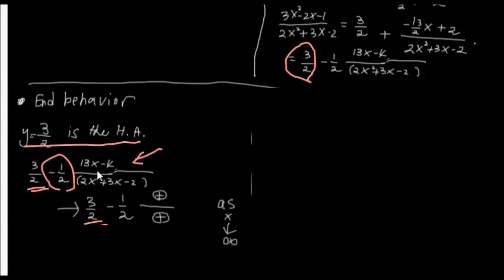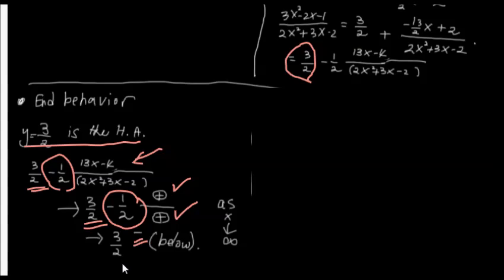Because it's odd degree with positive leading coefficients, it picks up positive here. But there was this negative 1/2, therefore altogether this will be a negative number. That's why I wrote this 3/2 with a little below information. So it's going to approach the horizontal asymptote y = 1.5 from below.